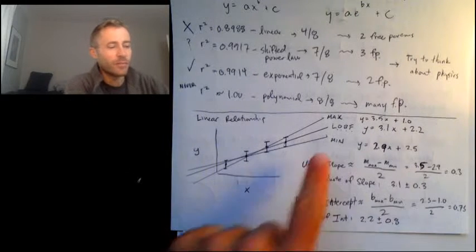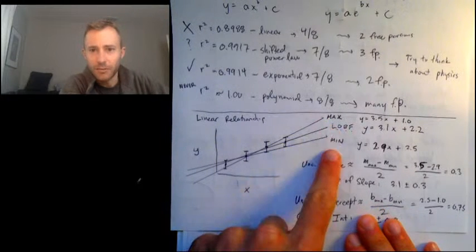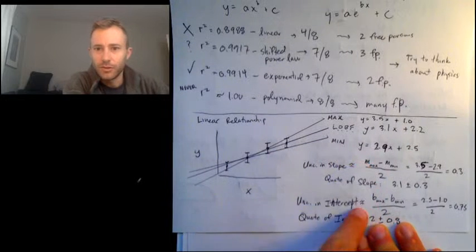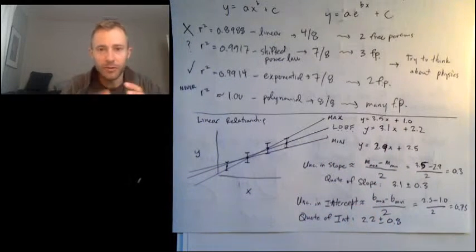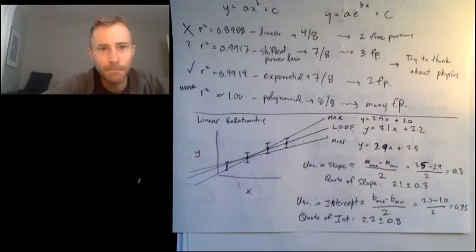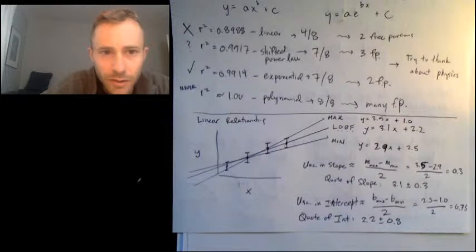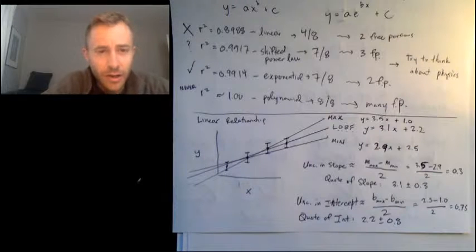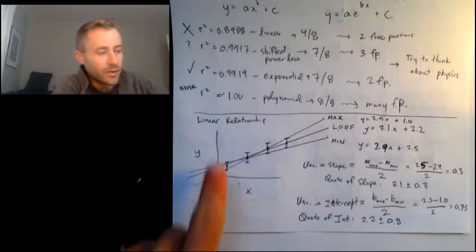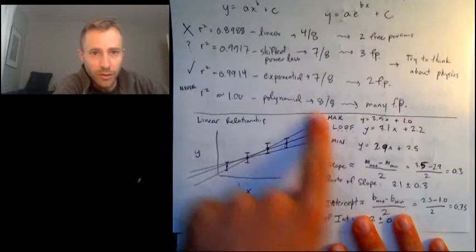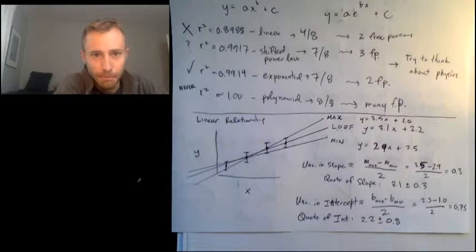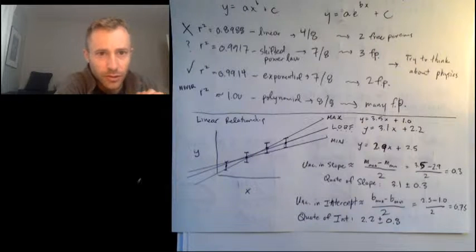And it comes from drawing these max and min lines and then using these formulas to take the slope and the intercept from those max and min lines and get the uncertainty from that. It's only approximate analysis. And furthermore, this analysis, IB would only expect you to do this for a linear relationship. All right? Only for a linear relationship.